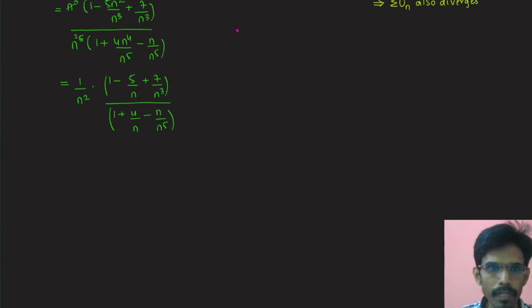Now take this 1 by n square as Vn. So here we have un is equal to Vn into this part.